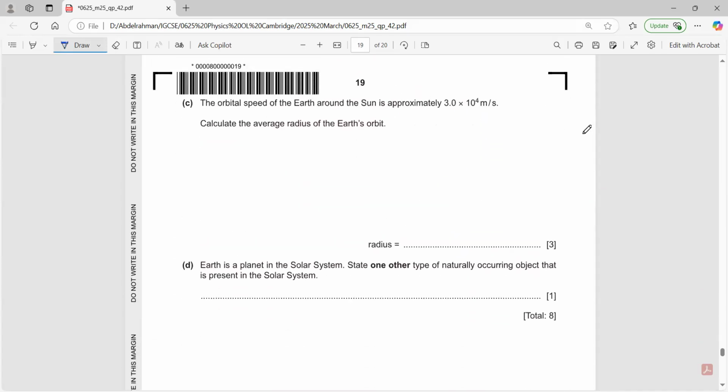The orbital speed of Earth around the Sun is approximately 3 times 10 to the power of 4 meters per second. Calculate the average radius of the Earth's orbit. Speed is 2 pi r over t, where t is the orbital time. Making r the subject, r equals vt over 2 pi. The velocity is 3 times 10 to the power of 4 meters per second.